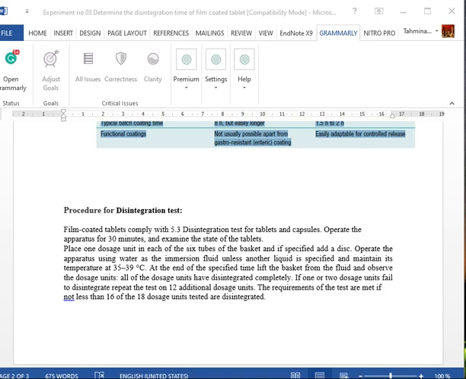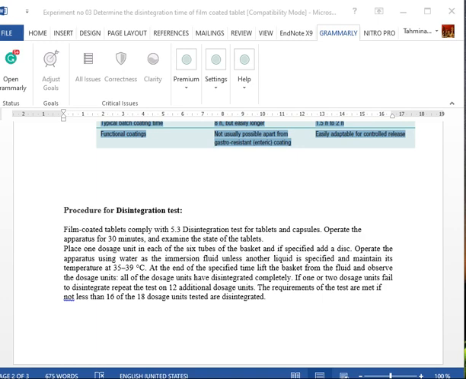Operate the apparatus using water as the immersion fluid unless another liquid is described by the monograph of such API, and maintain its temperature at 35 to 39 degrees centigrade.